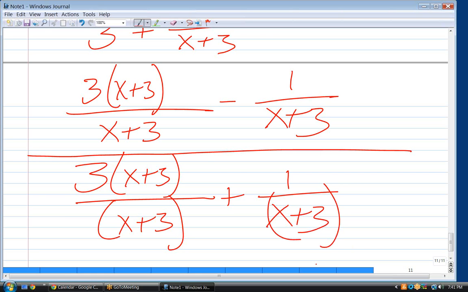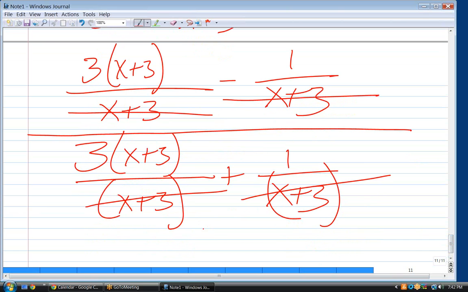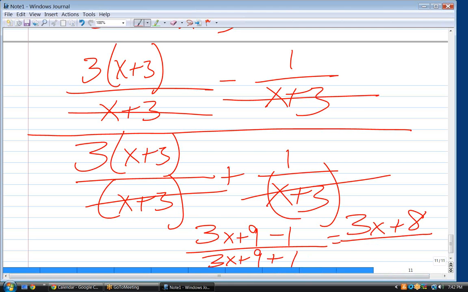So what can we do now? 3x plus 9 minus 1. Well, I prefer to simplify it as quickly as possible. Now let's write what we have left. So we have 3x plus 9 minus 1 all over 3x plus 9 plus 1. And I can't do any more.